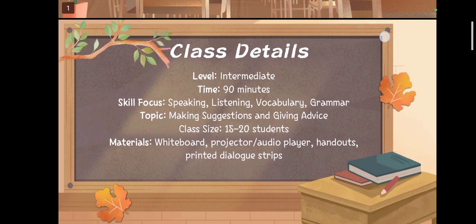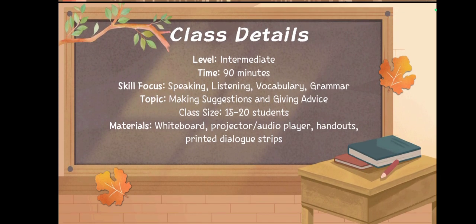And for the first one, we have the class details. It is an intermediate level class with 90 minutes for the first session. It is a speaking, listening, vocabulary, and grammar focused skill class, and its topic is making suggestions and giving advice.